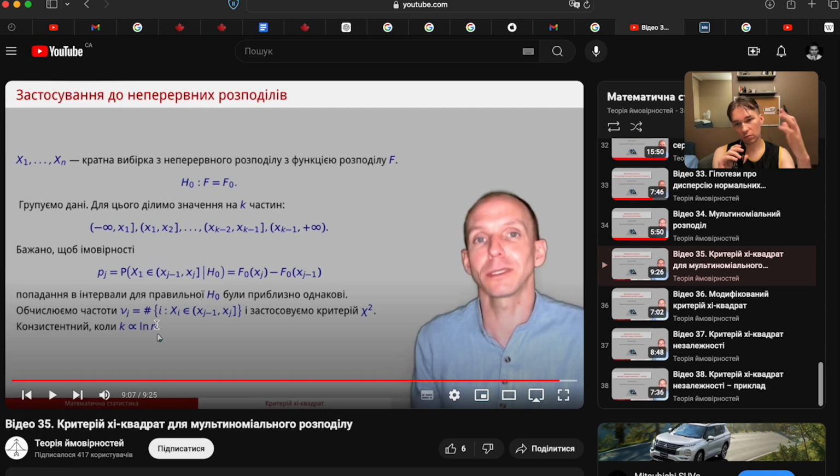Because he's saying that many continuous distributions, if you divide them into the same chunks, would have the same probabilities in those chunks, especially if you choose big enough k. So that means that you want your k to be dependent on the size of your sample.